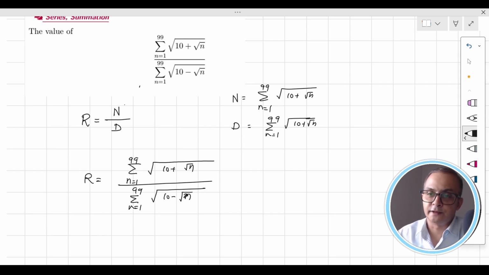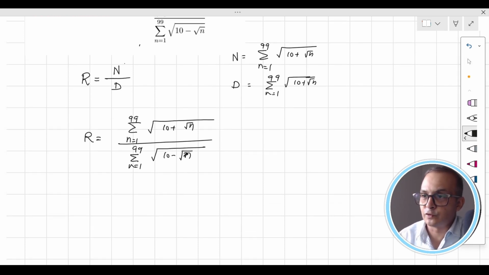Now notice one thing: we have done this kind of question many times, in which we make the inside term a perfect square. To make the perfect square, I need a 2 over here. So I am multiplying and dividing by root 2 so that I can insert the 2 inside the square root, and after that we will think about what we can do.